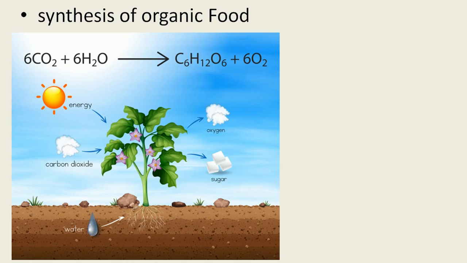In the leaf the photosynthesis process is completed, and finally they produce their own food material, as well as producing oxygen, and this oxygen is very important for all animals.